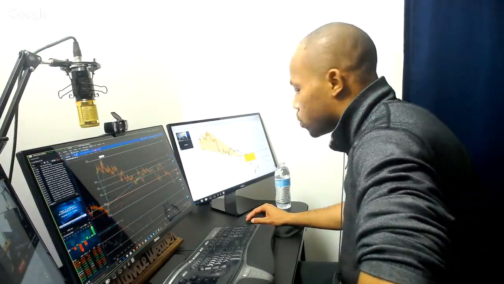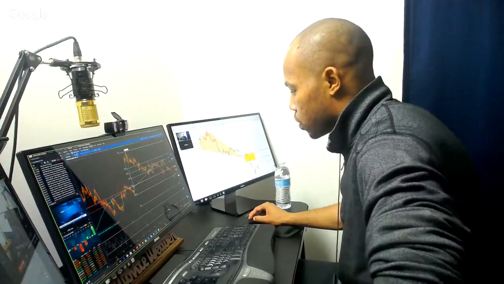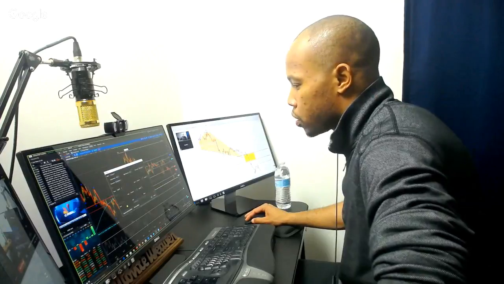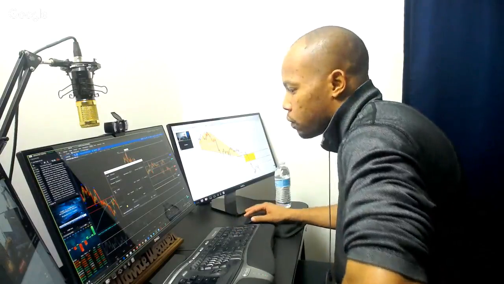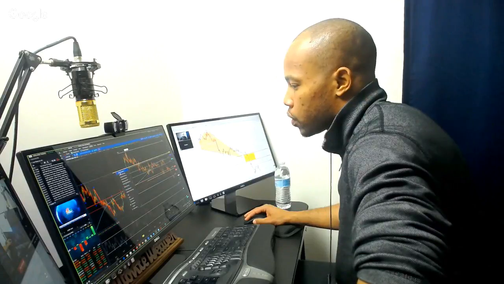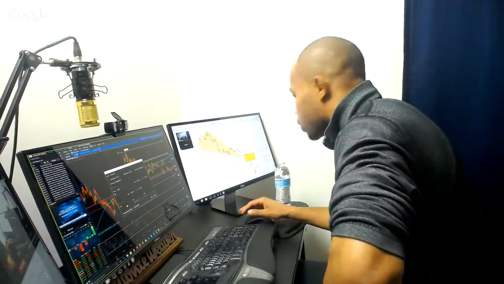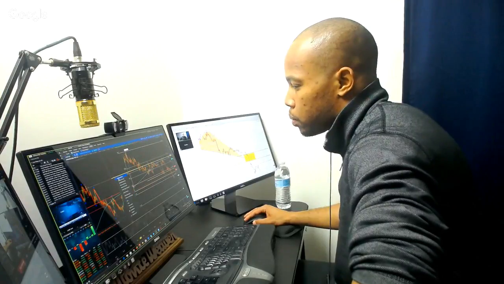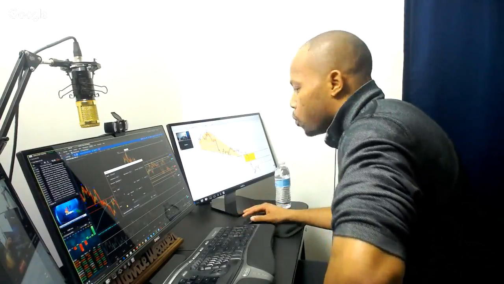Let me draw the little levels on here, what the scanner was telling us real quick. The scanner entry price was 109.65 and 109.29, and the stop loss was 109.04.